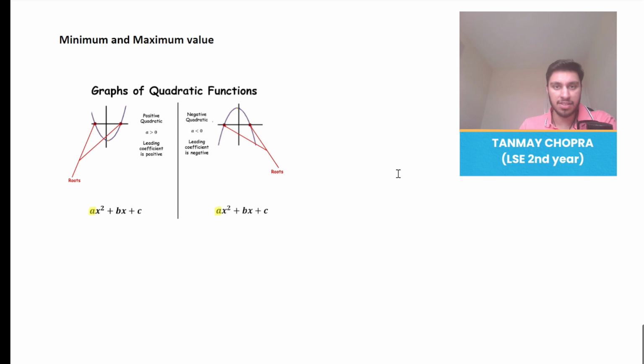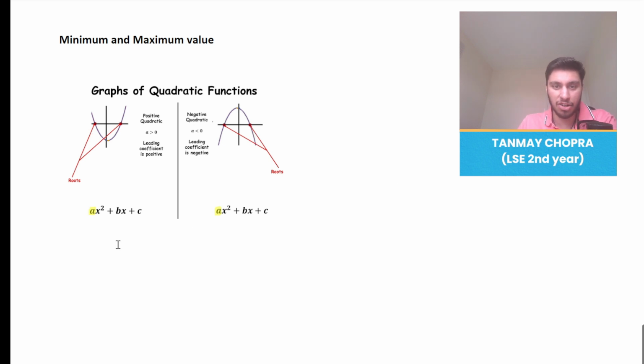So now I'm going to take the concept of minimum and maximum value. In front of you, there are two graphs of the form ax squared plus bx plus c, which is the general form of a quadratic. But a quadratic can be happy shaped or sad shaped. You see there is a smiling face, which is the first one, and a sad face, which is the second one.